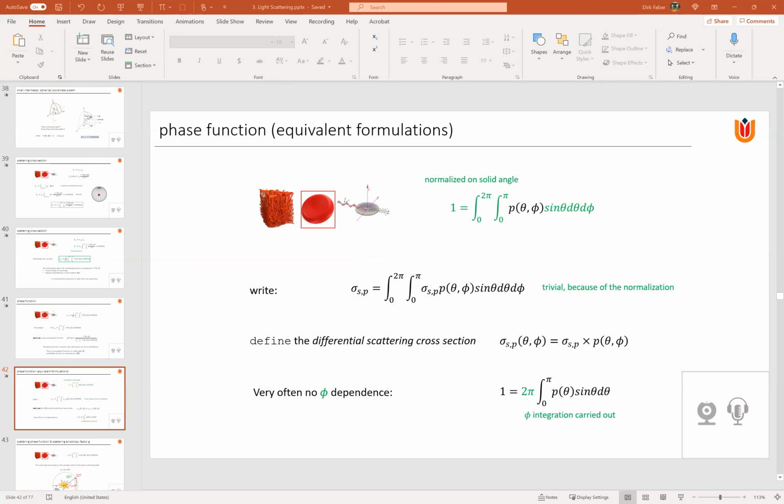Very often there will be no dependence on phi in such a phase function, so there will be a lot of spherical symmetry. That means that one of these two integrals you basically do not have to do. That will just reduce to a factor of 2 pi.